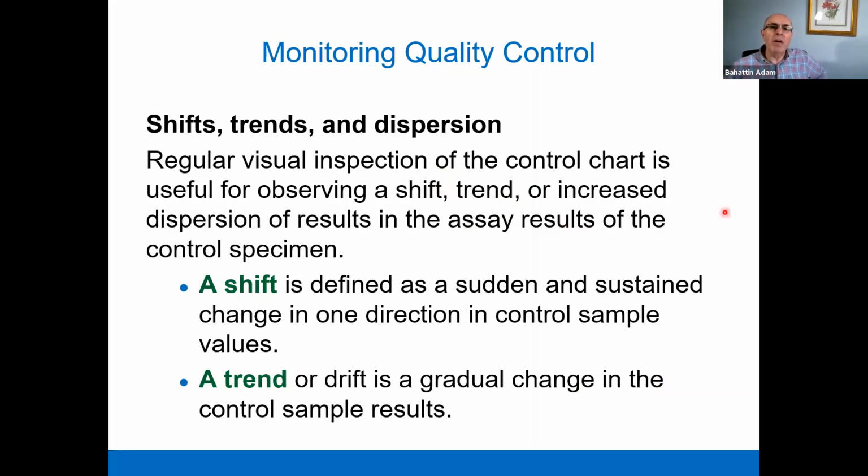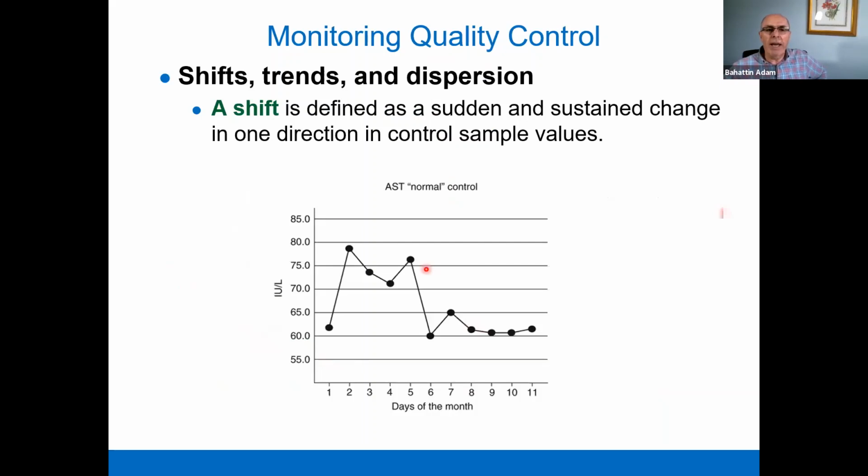Now, what do shift and trend mean? I'm going to show you with a graph. A shift is defined as a sudden and sustained change in one direction of control samples.